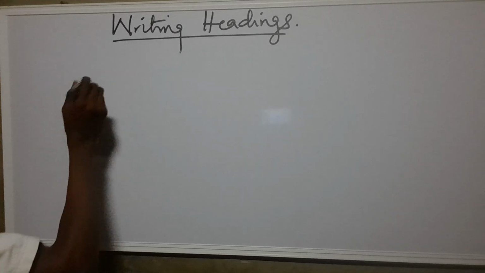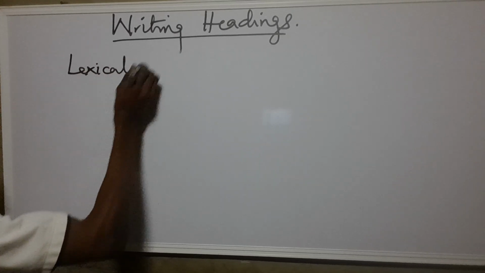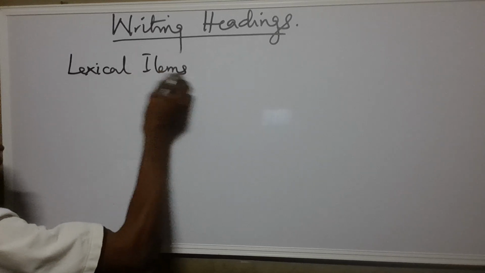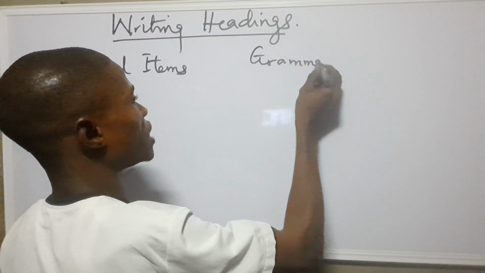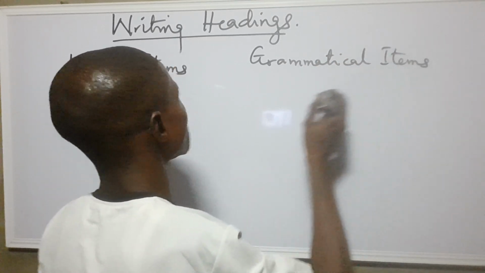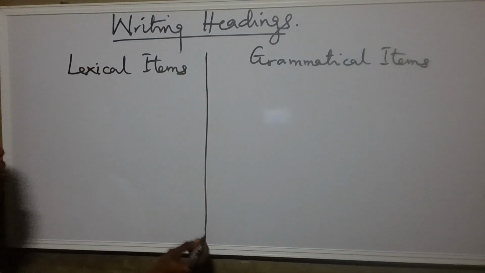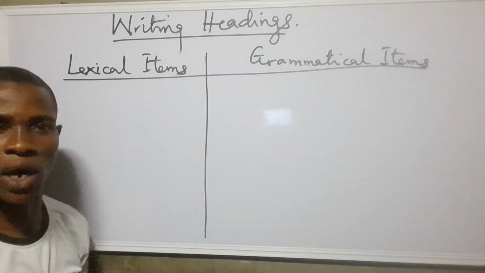Let's firstly examine these items I just mentioned. We said we have to consider lexical items, and from there we consider what is known as grammatical items. These are two different entities. Anytime you want to write a title in small letters, we need to consider these two items.